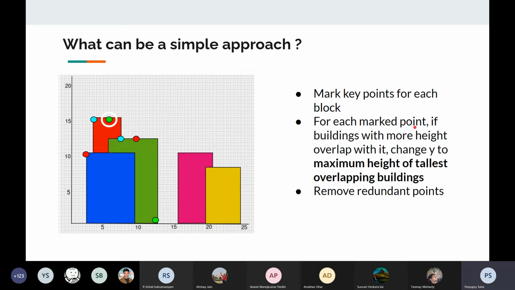Apart from that building, whichever building is overlapping with it, change y to the maximum height of that tallest building. Yeah, is it clear now? Yes, sir.